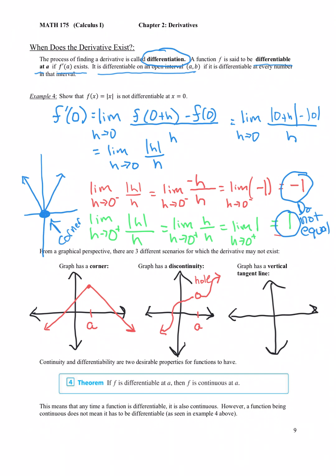And lastly, let's say at A the slope at that certain point is a tangent line. Tangent lines have slopes that do not exist, correct? So that means the derivative won't exist either. Let's take a look at the theorem at the bottom. If f is differentiable at A, then f will also be continuous at A.